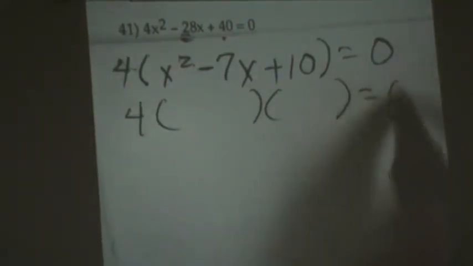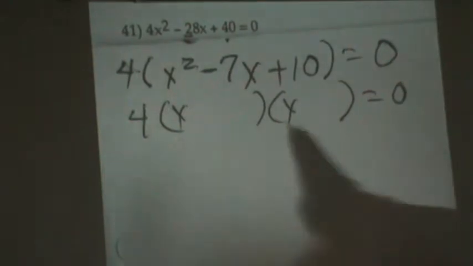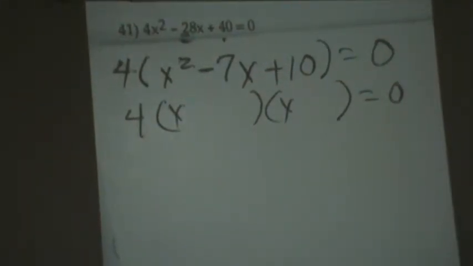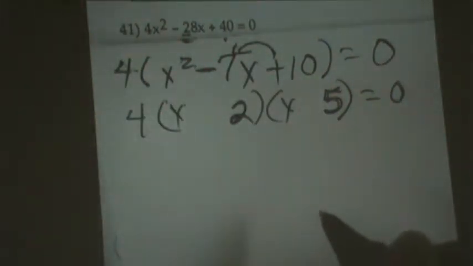Factor the trinomial. So you have x squared is x times x. 10 is 1 times 10 or 2 times 5. Which ones give you 7? 2 and 5. You need a negative 7, so they both need to be negative.